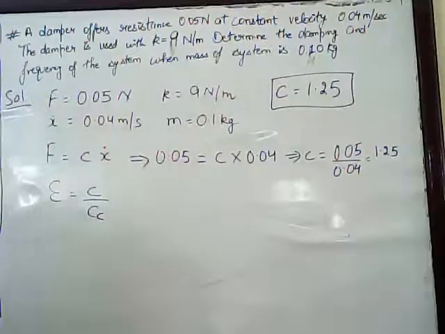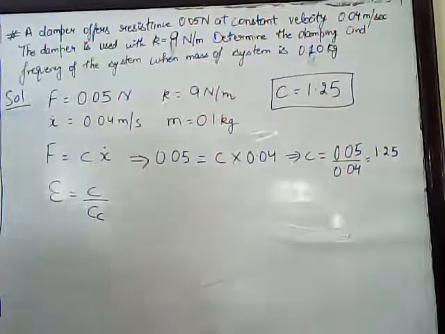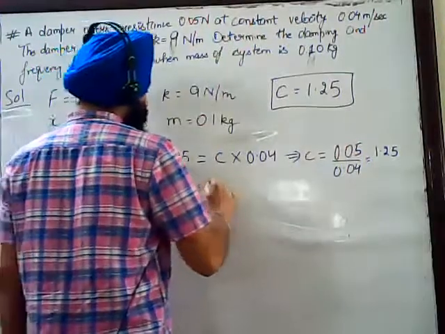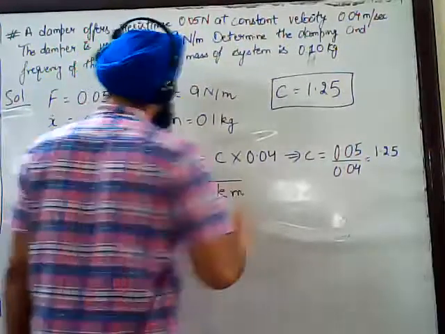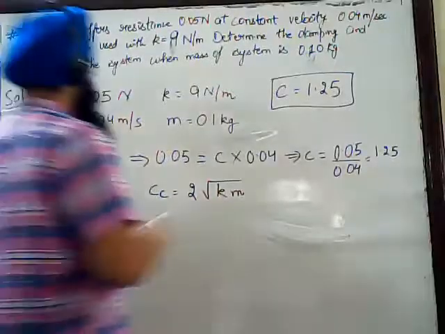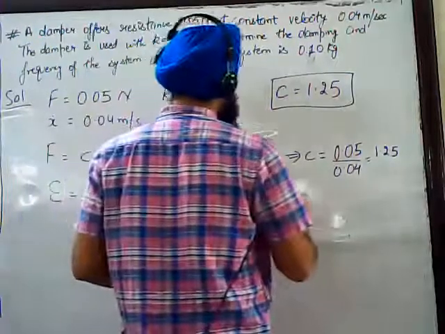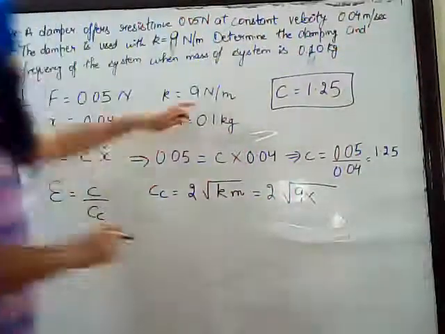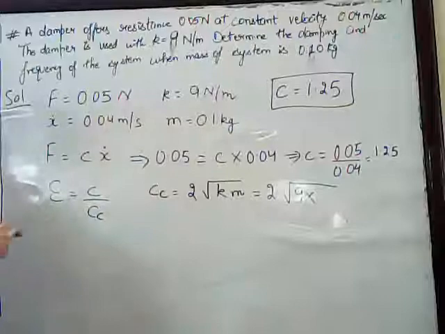We know that Cc is equal to 2 into under root Km. The formula for the critical damping coefficient is Cc equal to 2 into under root Km. So this will be equal to 2 into under root of K times M, where the value of K is 9 and the value of M is 0.1.